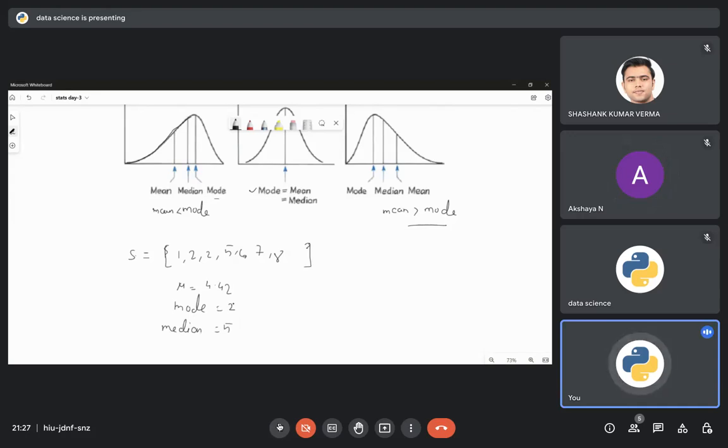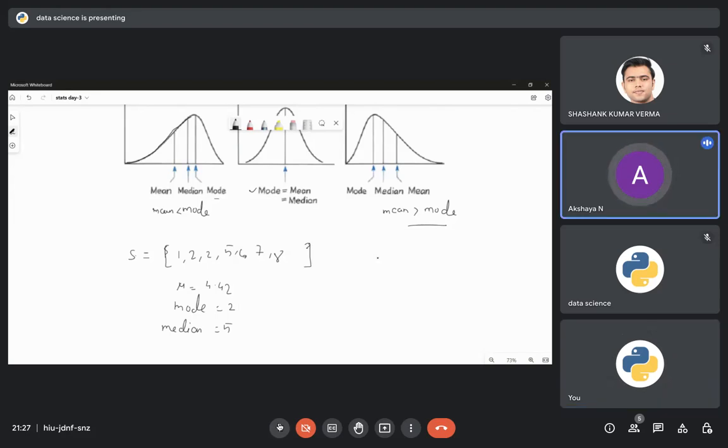Now tell me, is it a left skewed, right skewed, or symmetrical data set by the above diagram? Mode is less.